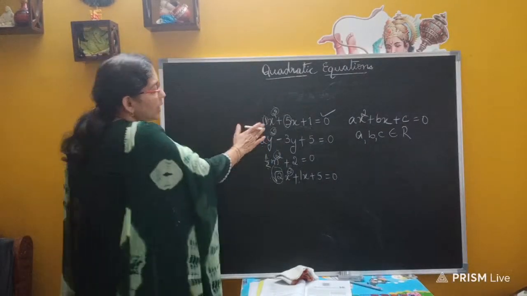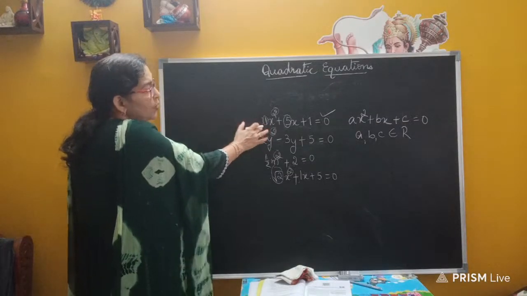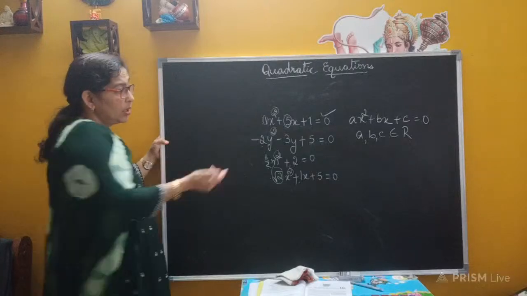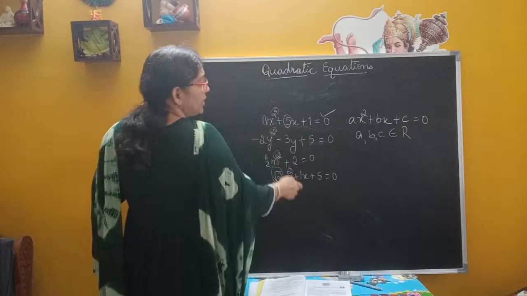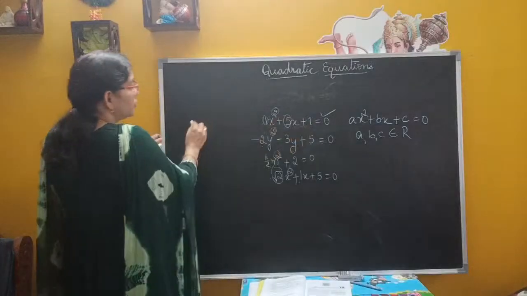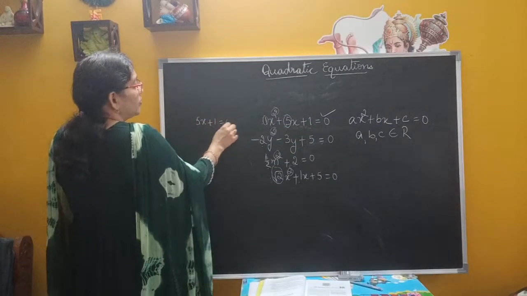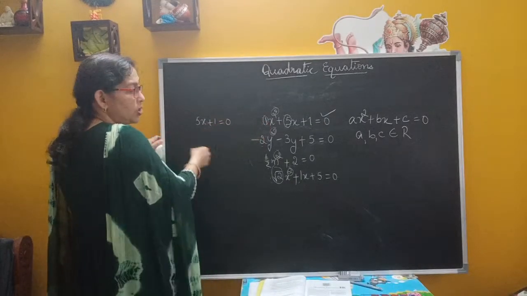See here, in case this is 0, instead of 1, if I have 0, 0 into x square, what do we get? 0 only. Then this equation becomes 0x square plus 5x plus 1 is equal to 0, that is 5x plus 1 is equal to 0.